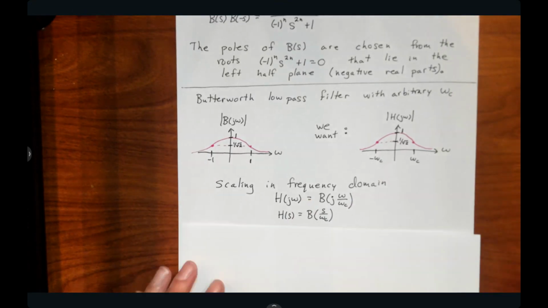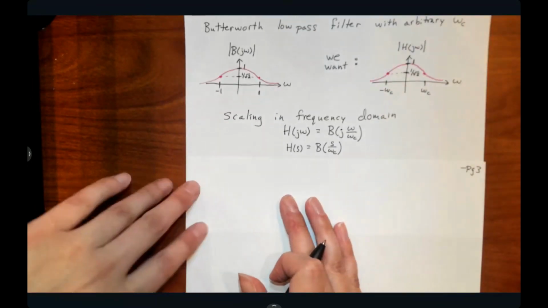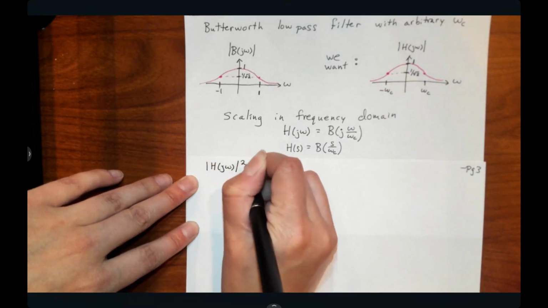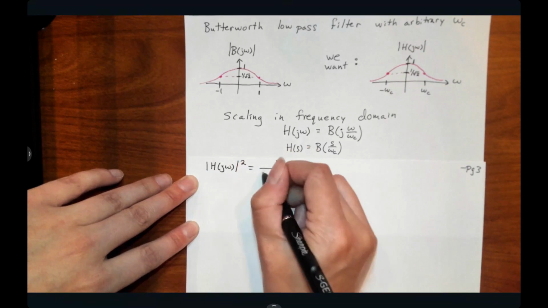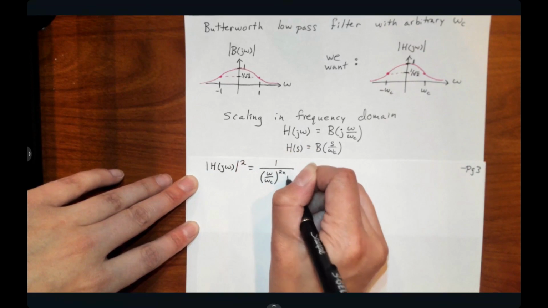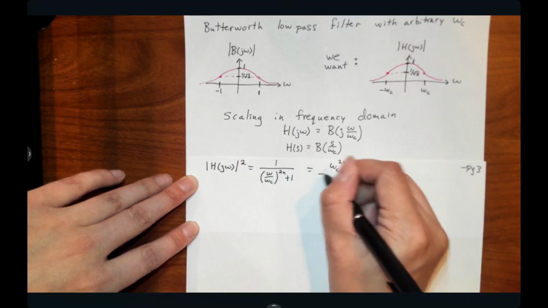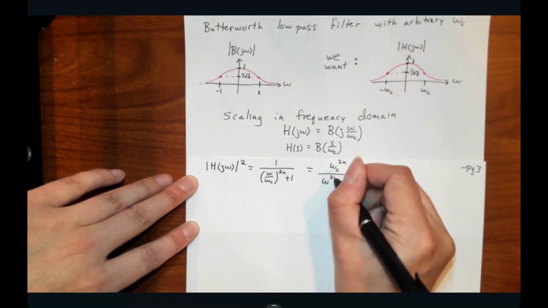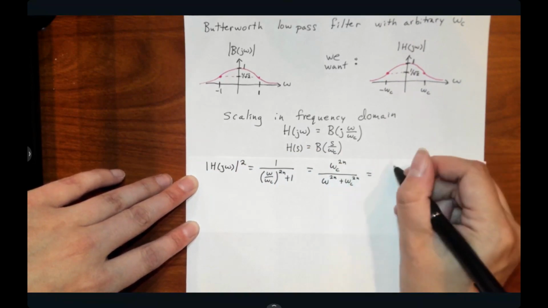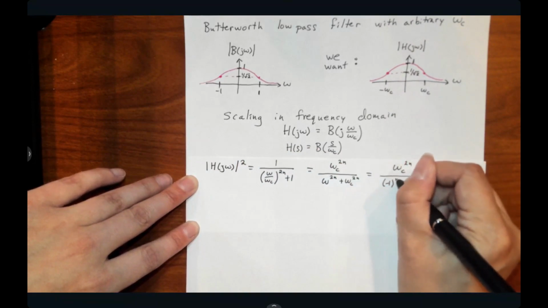If we take a look at what happens to the poles, what's interesting is that now we're substituting where we had omega, now we have this omega c, and we multiply top and bottom by this omega c here. Same kind of idea as before.